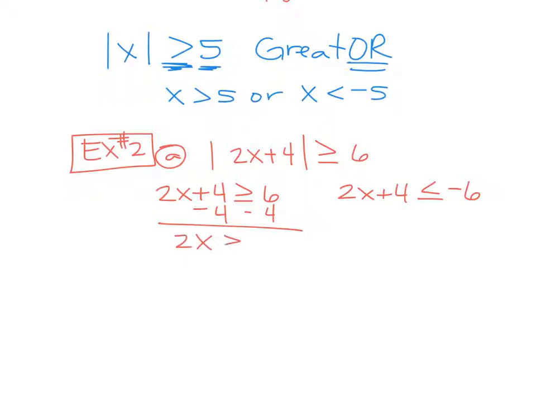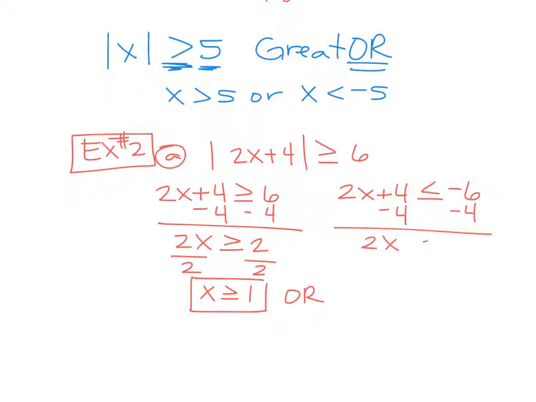So 2x is greater than or equal to 2, and then divide by 2. So x is greater than or equal to 1. Okay, so there's your first answer. Or take away 4 here. So you get 2x is less than or equal to negative 10. Divide by 2. X is less than or equal to negative 5.